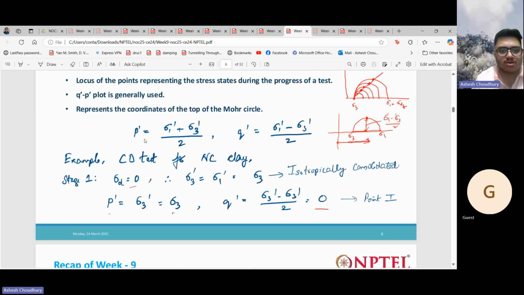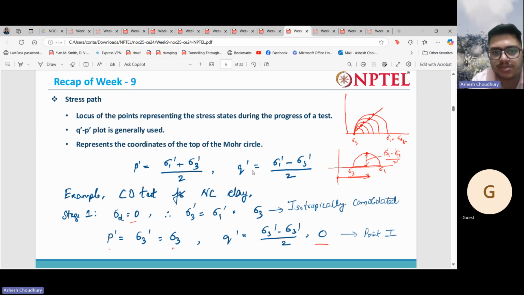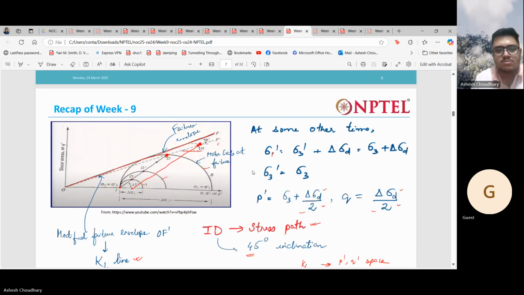We also derived the stress path, and you saw the p-q plots. A stress path is a locus of points representing the stress state during progressive loading. If you plot the stress paths, the points at failure from p and q, when you join them, you get one more line.